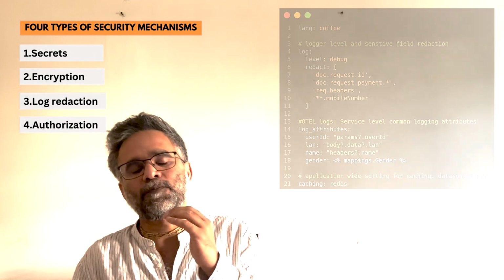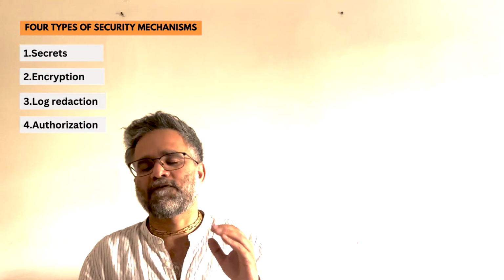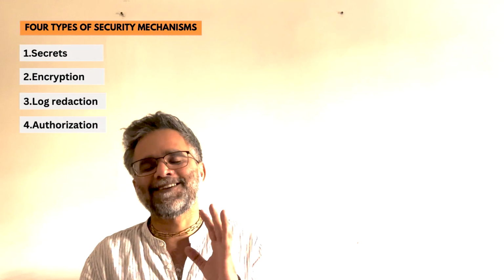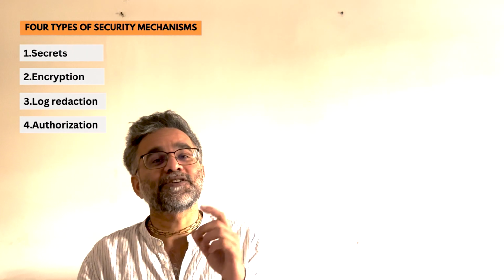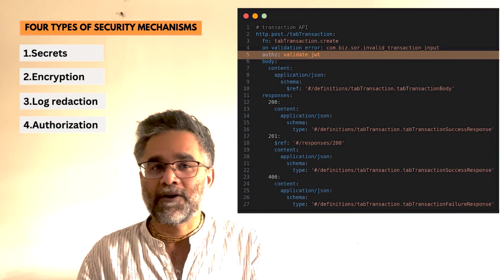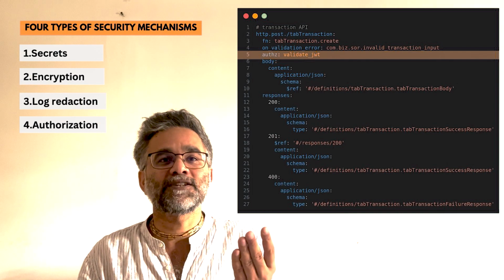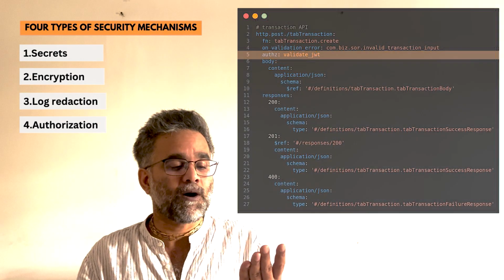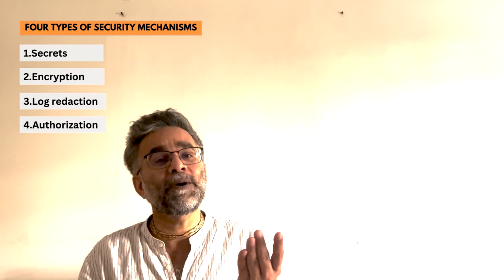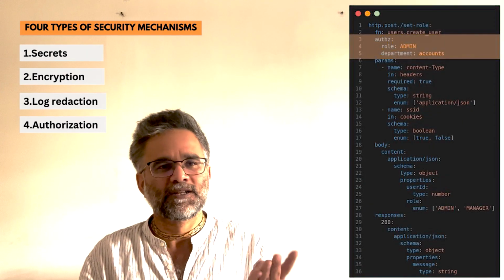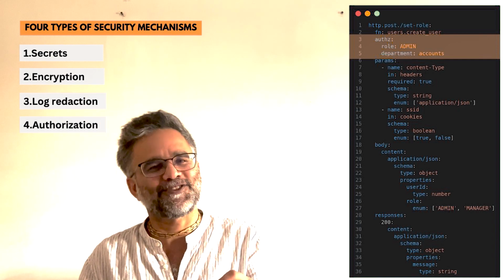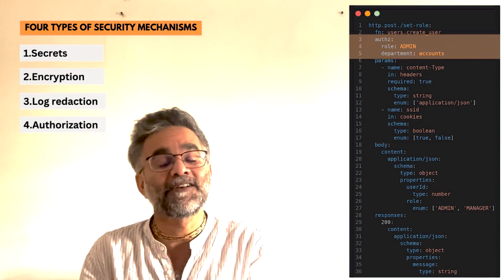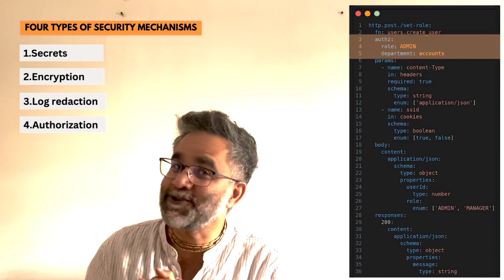The last pillar, the fourth pillar of the security check within Godspeed, is authorization. So authorization at event level, whether it is simple JWT authorization or RBAC or ABAC based authorization, easily configured within the event schema itself in a configure over code approach, which we discussed.